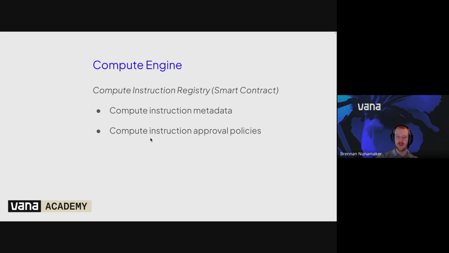This is what I meant about approving the result relay compute jobs, because here you're actually approving the compute instructions, which serve as a code template for the jobs that are later run. So you only have to approve the instruction once, and then users can submit infinite jobs with those instructions until you revoke access, which you can also do through the smart contract.